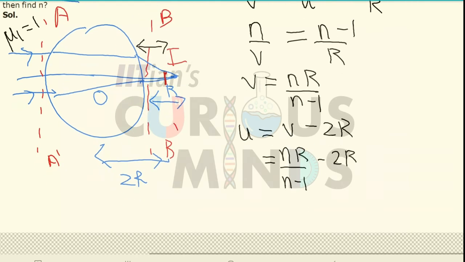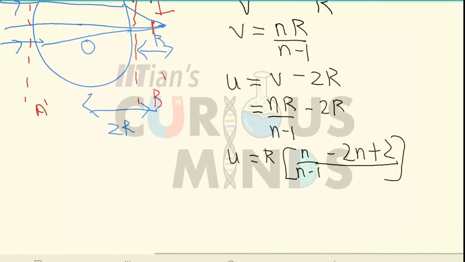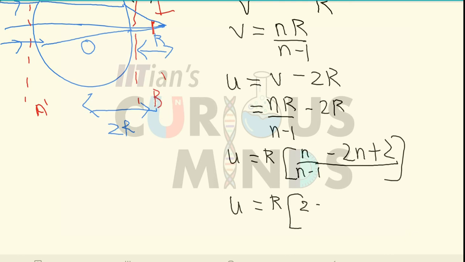I will take r common. It will be equal to n divided by n minus 1 minus 2n plus 2. If I cross multiply, this term will be equal to r times 2 minus n divided by n minus 1. This is the object distance. Let this be the first equation.